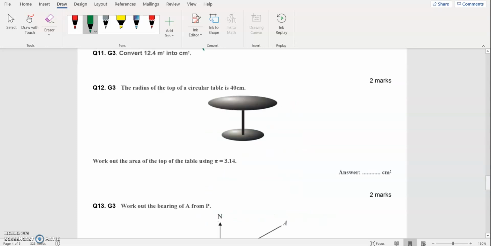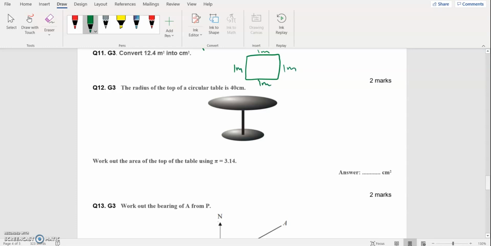We now have to convert 12.4 squared meters into squared centimeters. Now, one thing to remember here is that we're not converting meters to centimeters, but squared meters to squared centimeters, and we'll see what this means. So if we have a meter here, so there is a square, 1 meter, 1 meter, 1 meter, 1 meter. What does this mean in terms of centimeters?